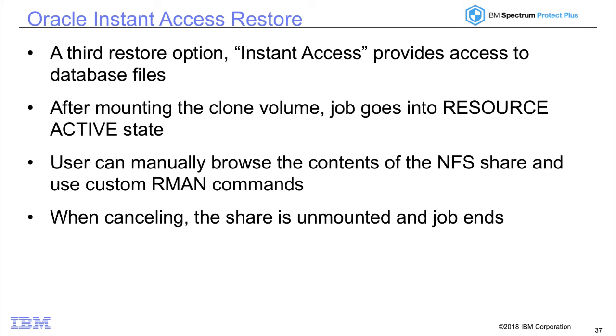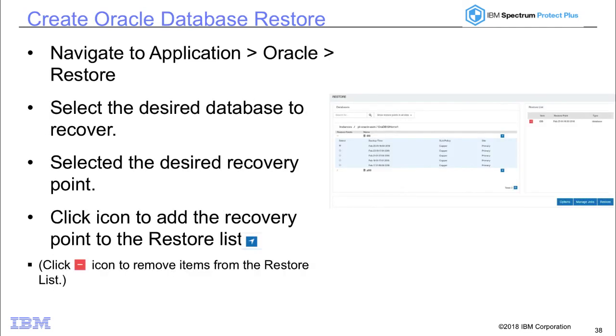So after mounting the clone volume, the job from Spectrum Protect Plus perspective is going to go into a resource active state, and the DBA can manually browse the contents of that NFS share and use whatever RMAN commands he wants on those backups to get to the database files. When canceling, as per usual, the instant restore in Spectrum Protect Plus, the share is going to be unmounted and the job is going to end.